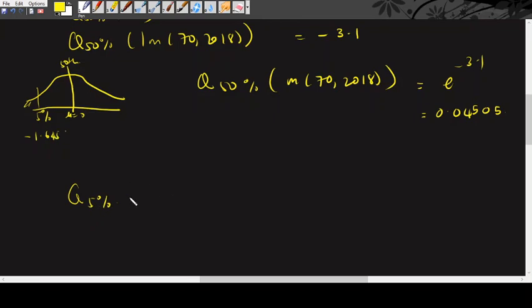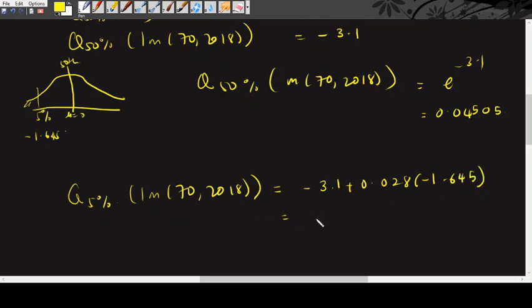Thus Q5% of log M70 2018 is equal to negative 3.1 plus 0.028 times negative 1.645, which is equal to negative 3.146. This one simply uses z equals x minus mu over sigma.